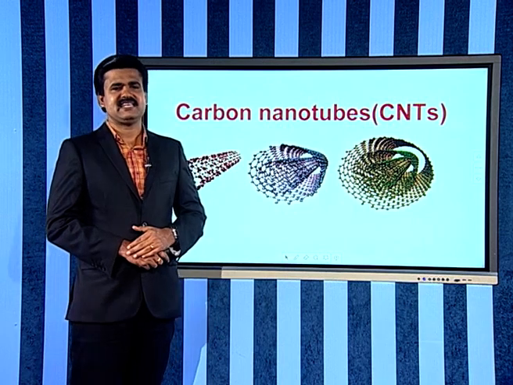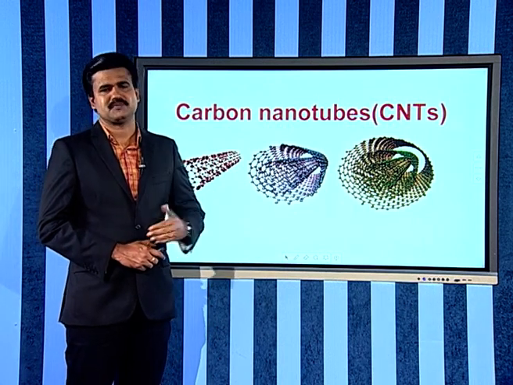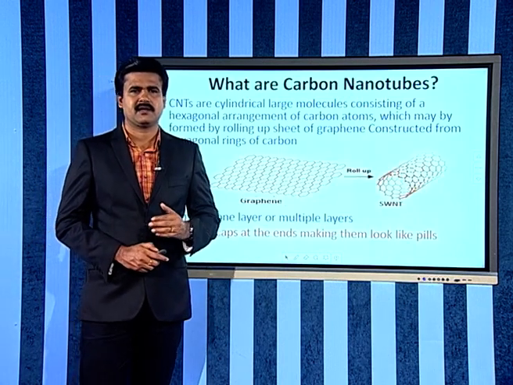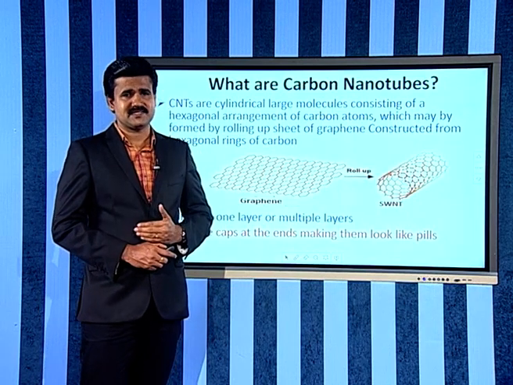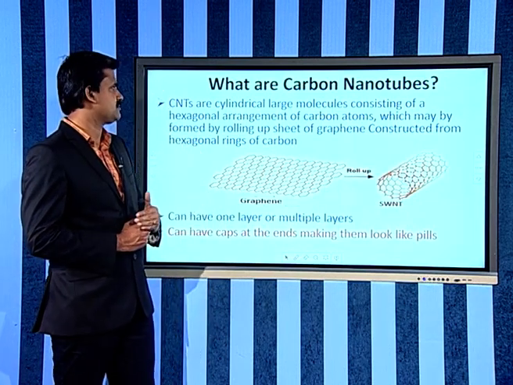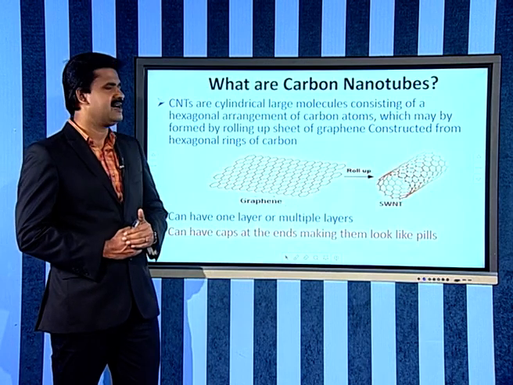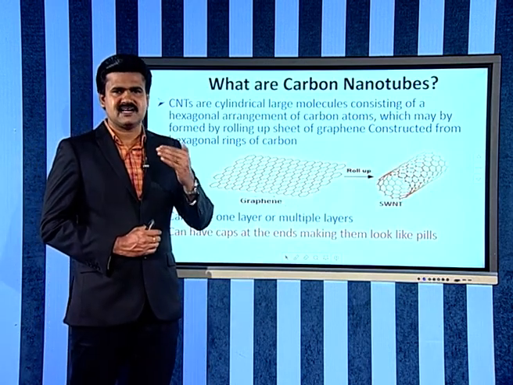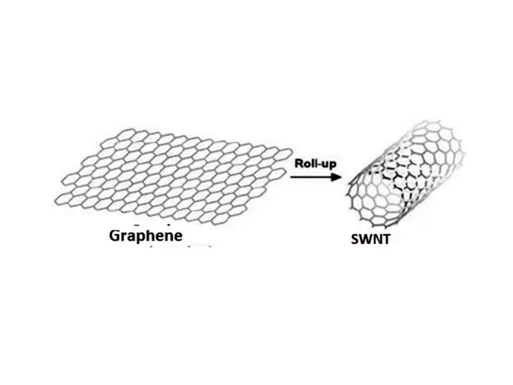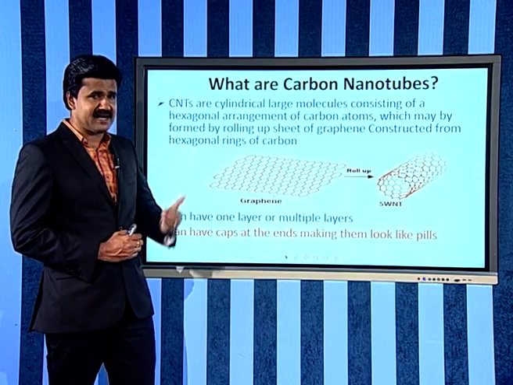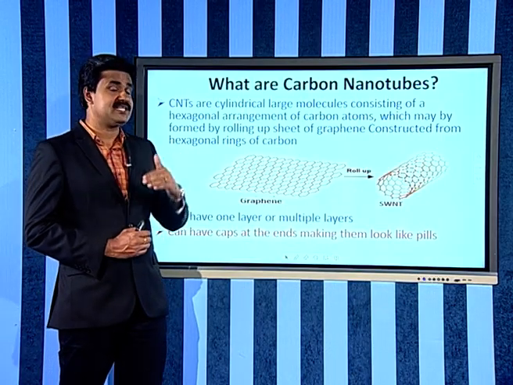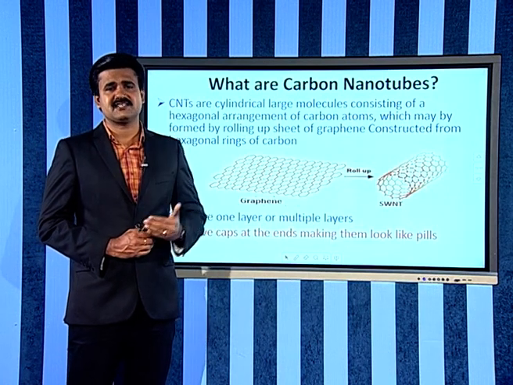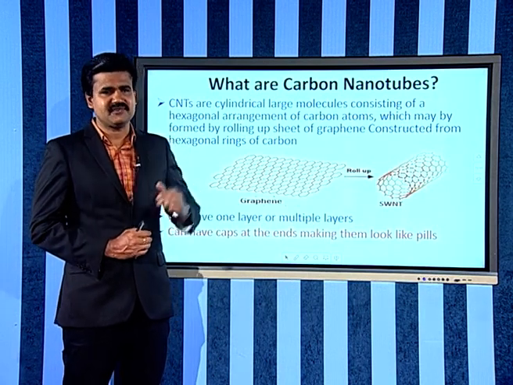The next category is carbon nanotubes. What are carbon nanotubes? Carbon nanotubes are cylindrical large molecules consisting of a hexagonal arrangement of carbon atoms. Note that here no pentagonal ring is present. These may be formed by rolling up a sheet of graphene constructed from hexagonal rings of carbon.